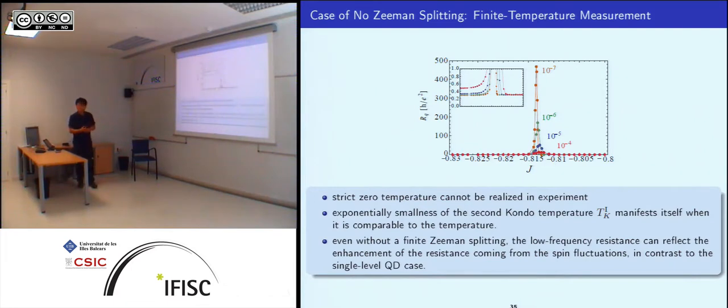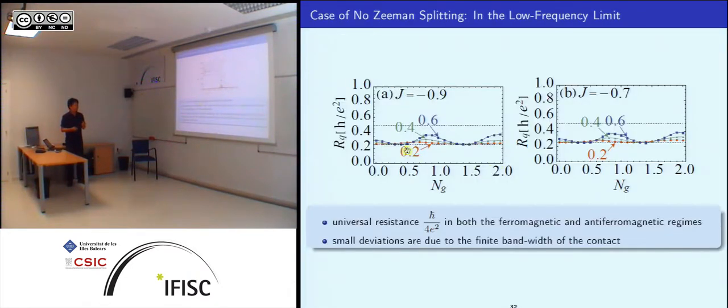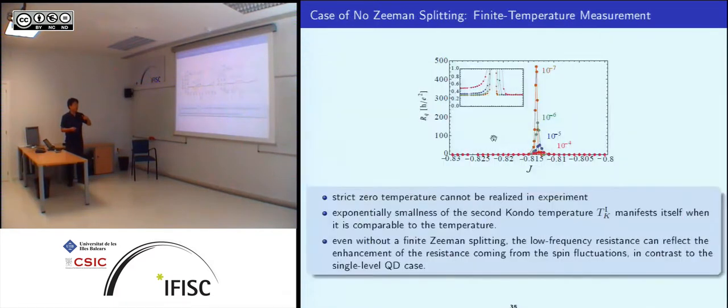In contrast to the single level case, we can provide some experimental confirmation, even in the absence of Zeeman splitting. Usually at zero temperature, the low frequency resistance is simply given by the universal resistance. But we cannot implement zero temperature. We are living in a finite temperature system.